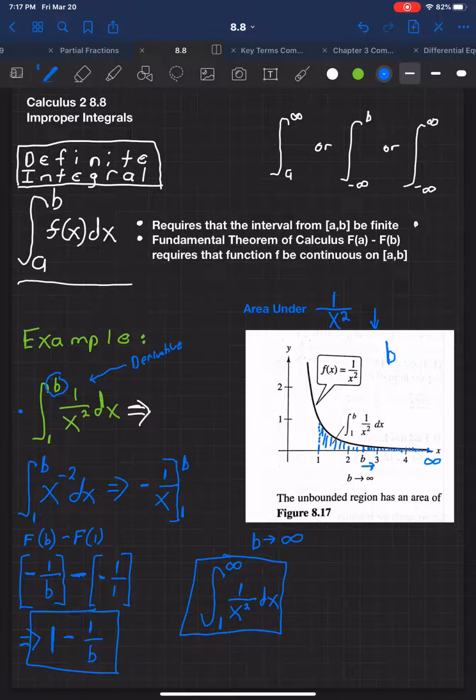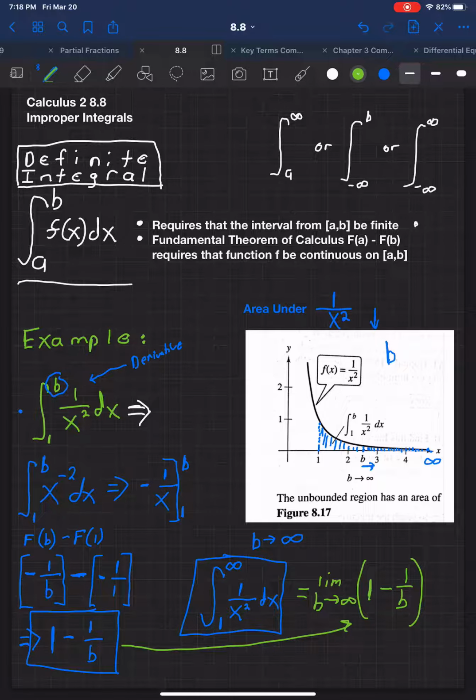Well, you do so by simply taking the limit as b goes to infinity of what? Of the 1 minus 1 over b, right, it's coming up from over here.